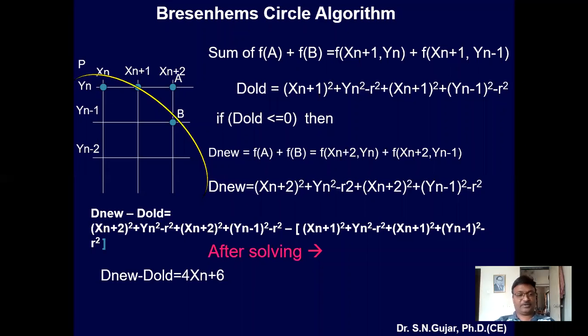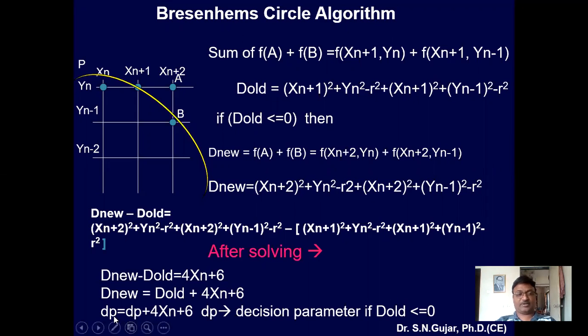So this is my new decision parameter: dp is equal to dp plus 4xn plus 6. This decision parameter is on which condition? If d old is less than or equal to 0. So d old is the first decision parameter dp, 3 minus 2r. If 3 minus 2r is less than or equal to 0, that time you have to calculate this one and increment x, y as it is.